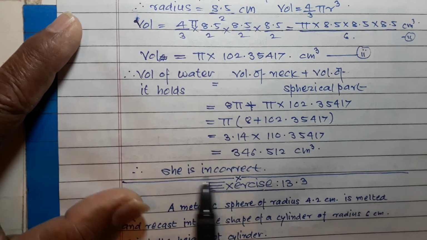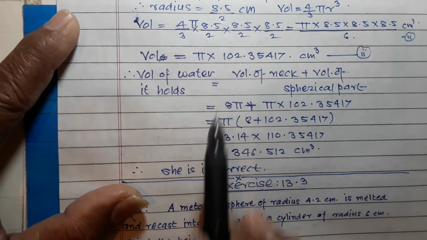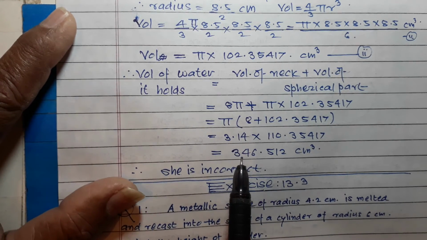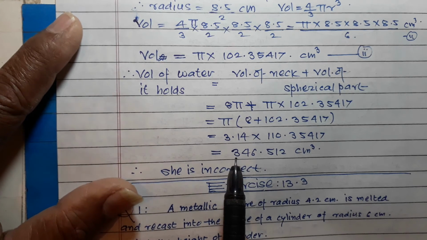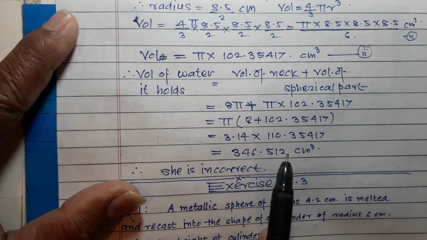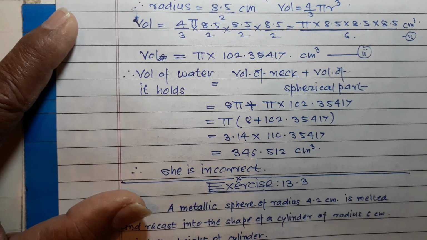So she is incorrect. Her answer is not correct. She is incorrect and actual answer is 347.512 cm cube. Okay.